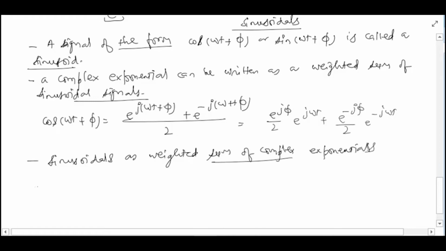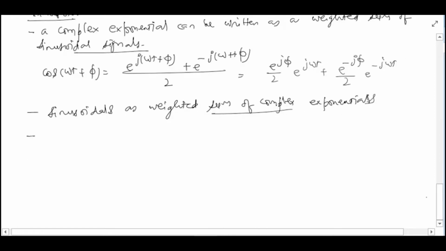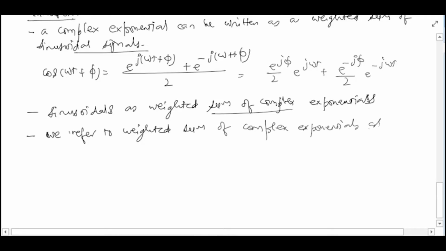For this reason, we also refer to a weighted sum of complex exponentials as a weighted sum of sinusoidals.